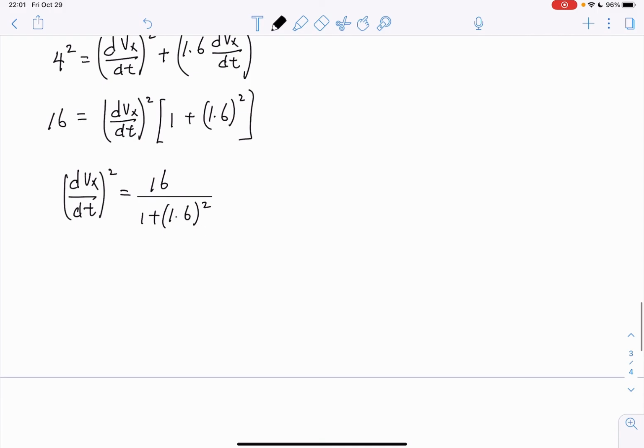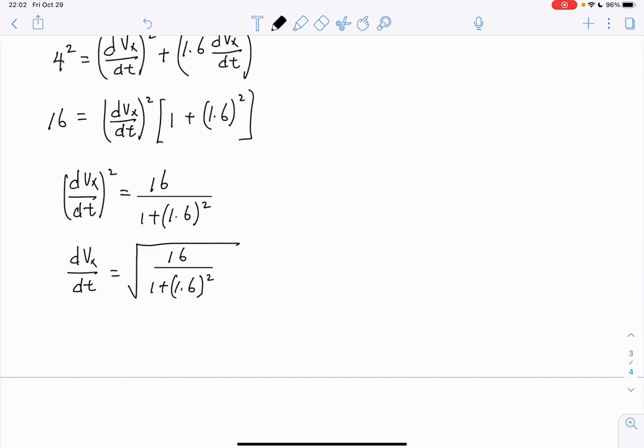Right? So dvx over dt is the square root of 16 over 1 plus 1.6 to the square.